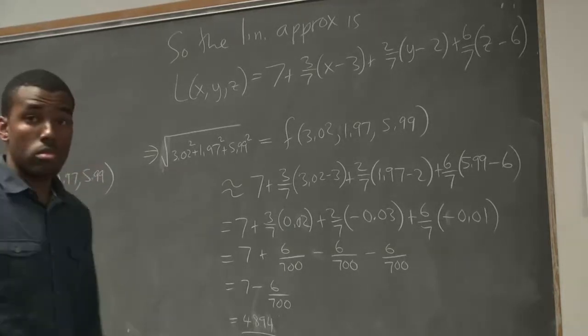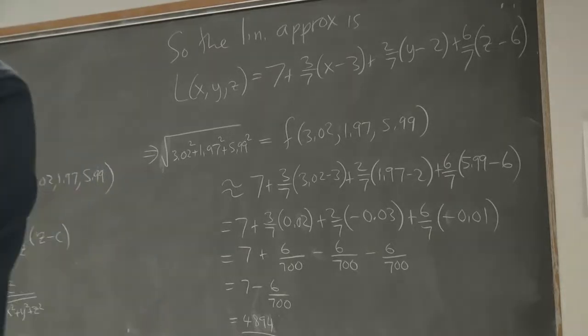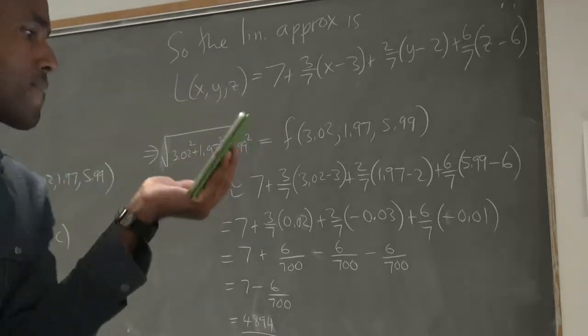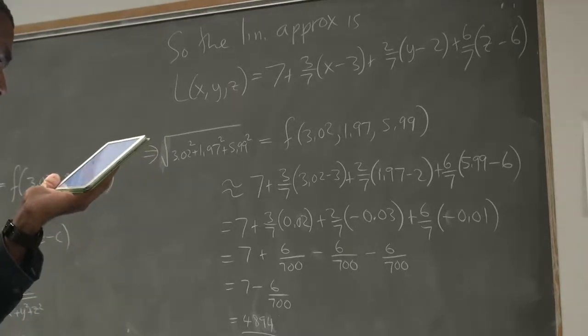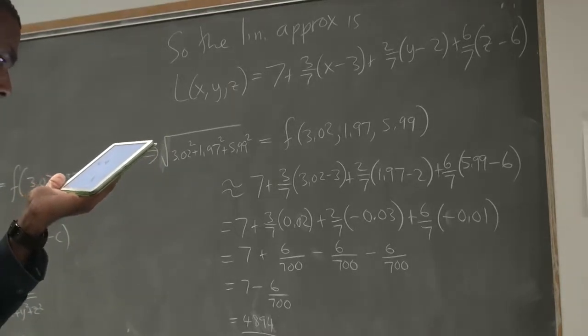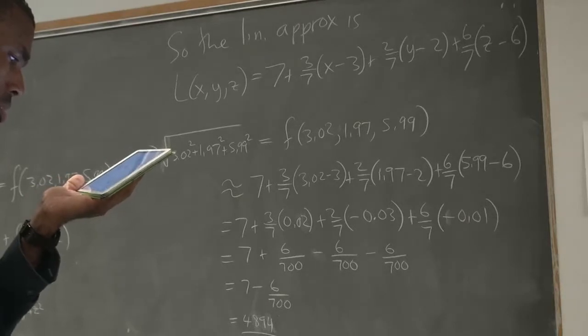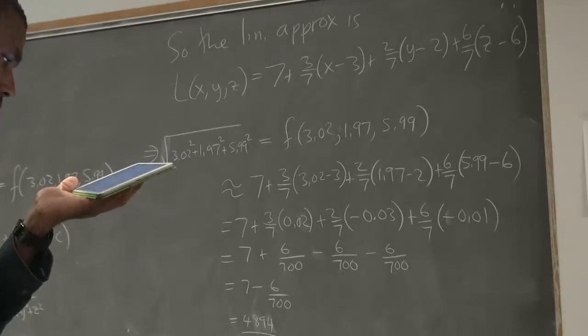First, it wants you to find the linear approximation, and then it wants you to find it at the number. Number 19, 11.4.